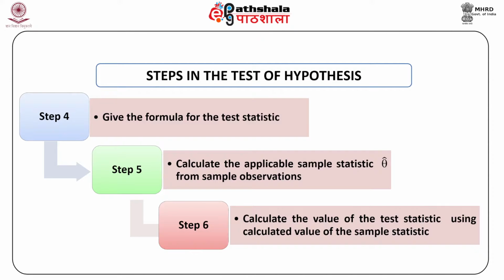Now give the formula for the test statistic. This is our fourth step, which could be a z test or a t test or a chi-square or an F test. The fifth step is to calculate the applicable sample statistic theta hat from sample observations, which could be denoted as x bar or x by n or s square, etc. The sixth step is to calculate the value of the test statistic, that is z, t, chi square, F, using the calculated value of the sample statistic.